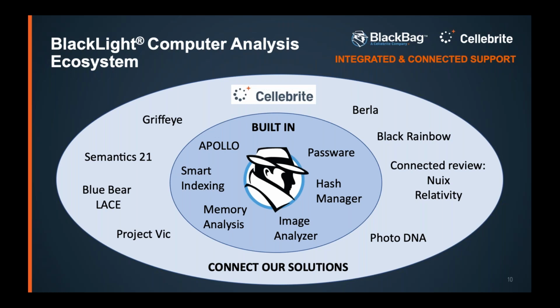So for instance, up in the top right hand corner there, we have Berla, who of course do great work with vehicle telematics extractions, where you can bring those directly into Blacklight now. So you can compare someone's Berla extraction, their vehicle extraction, along with their iOS and their Android and their memory and their macOS extractions as well.